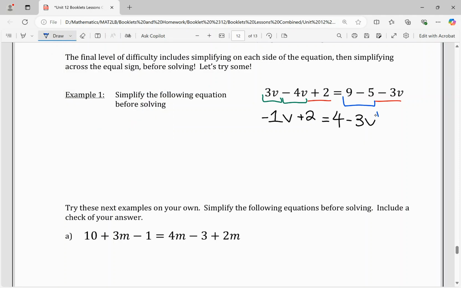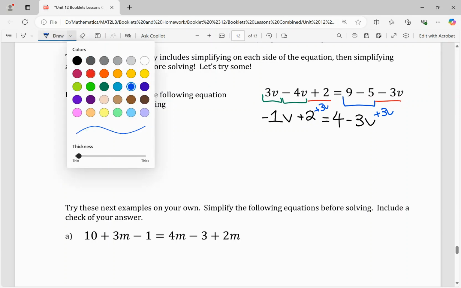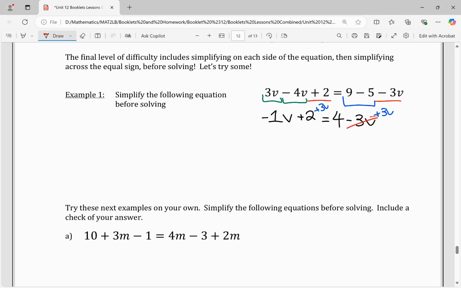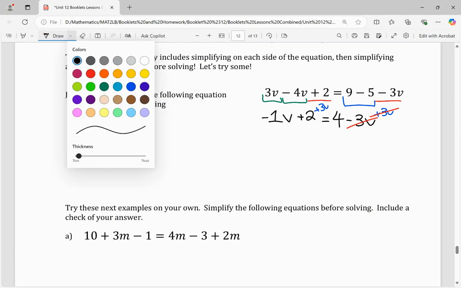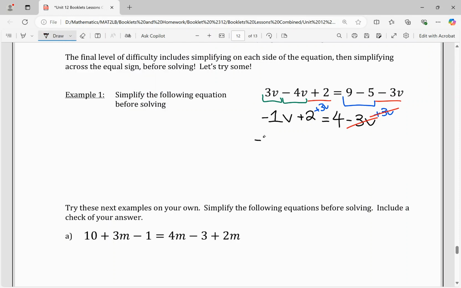I am going to add 3v to the right-hand side, but in doing so, I also have to add 3v to the left-hand side. So that and that are going to cancel out. And what I'm left with is negative 1v plus 2 plus 3v is equal to 4.